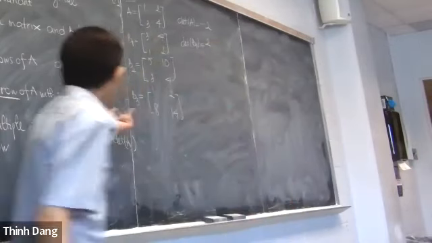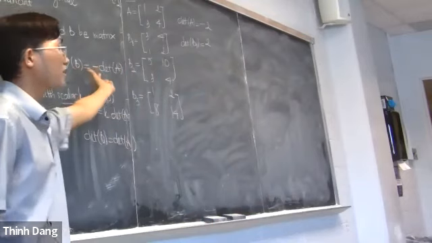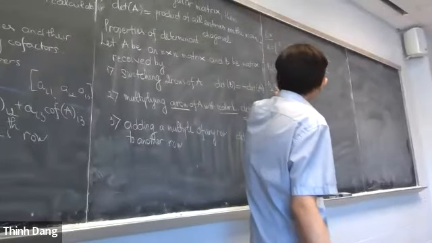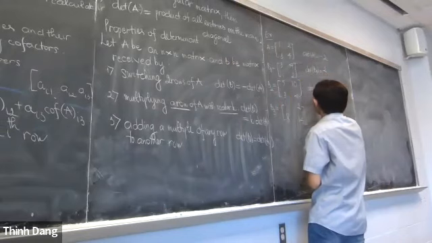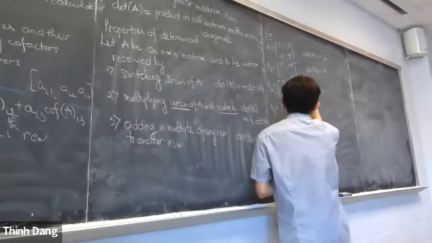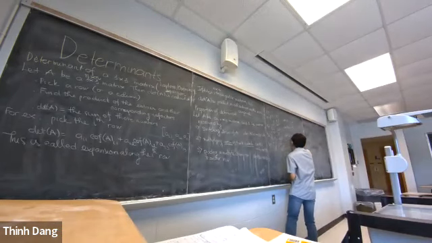According to the property, because for B1 we are switching two rows of A, the determinant of B1 should be the opposite of the determinant of A. Next, B2. The determinant of B2 should be 20 minus 30, so the answer should be -10.